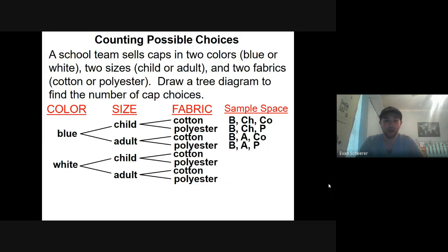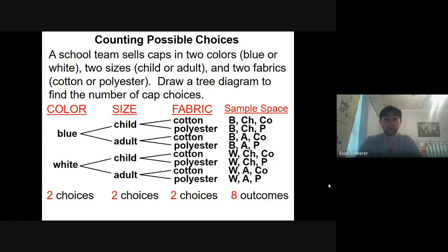Those are all 4 options for a blue cap. But you could have gotten the exact same 4 options just with a white cap. Notice white cap, child size cotton, white cap, child size polyester, white cap, adult size cotton, white cap, adult size polyester. Oh, sorry, that's all of them.